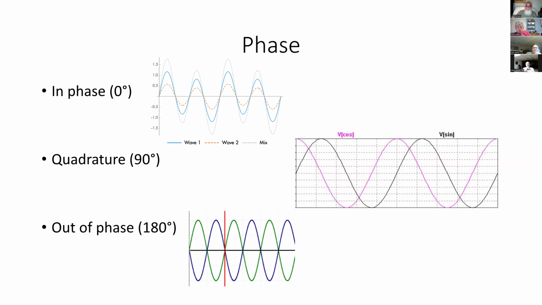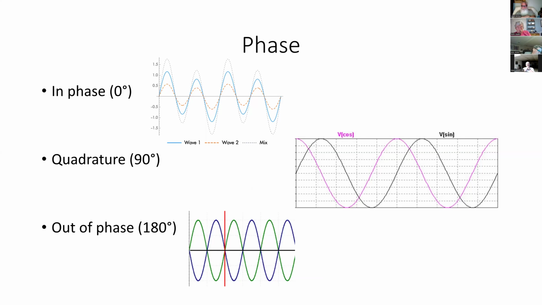So in the top trace here, wave one in blue and wave two, the dashed line that's inside the blue trace, are in phase, and so the sum of them is just the sum of the amplitudes at each point along the trace.